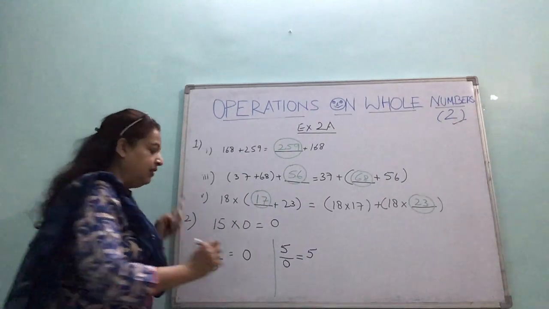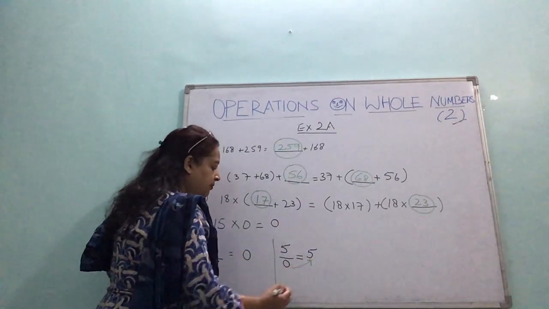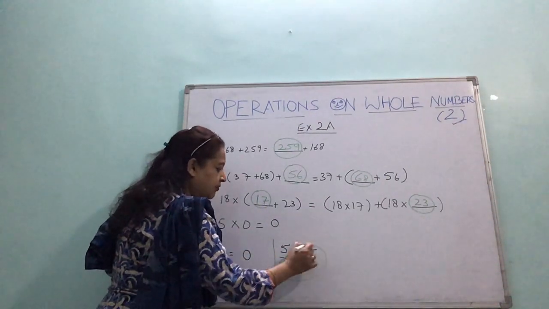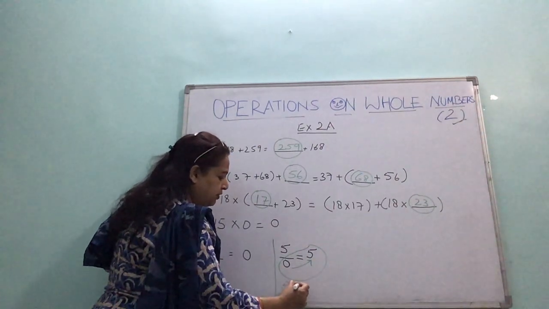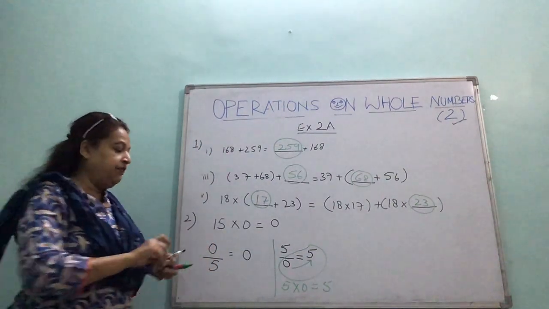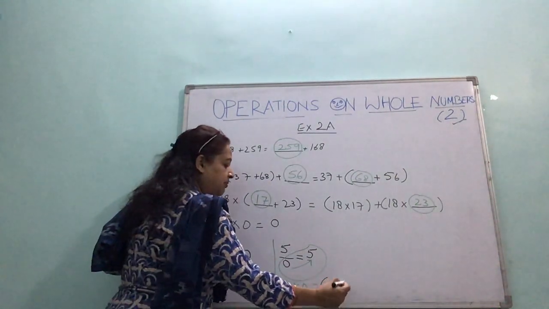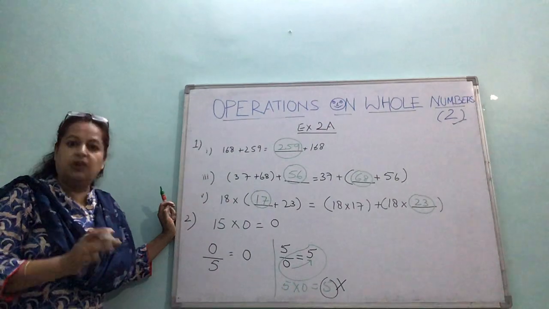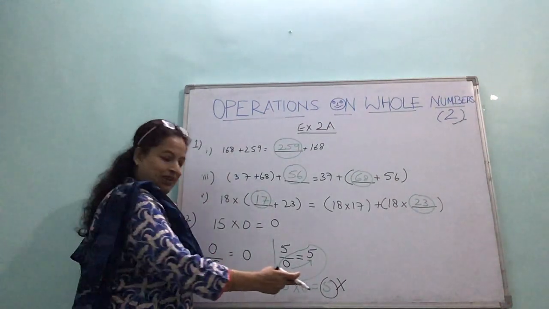But if you see here, if I cross multiply, according to this, 5 into 0 should be 5, which we know is not possible. It's not possible, right? It will not be 5.